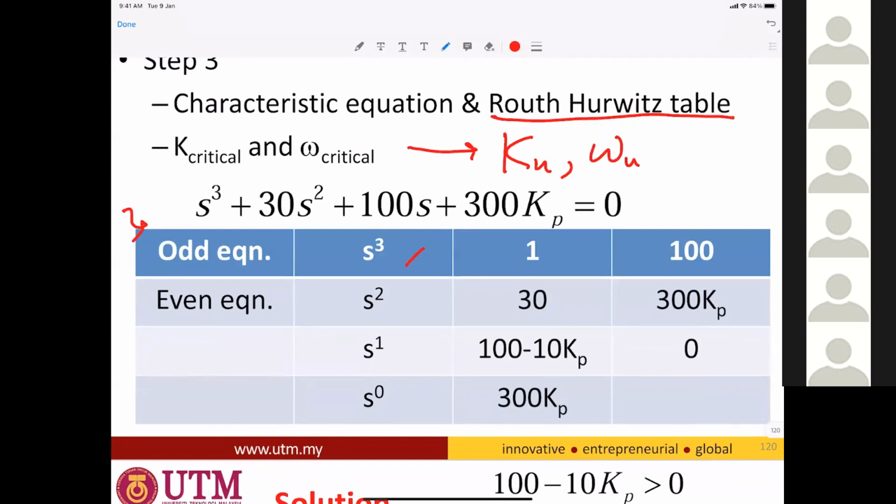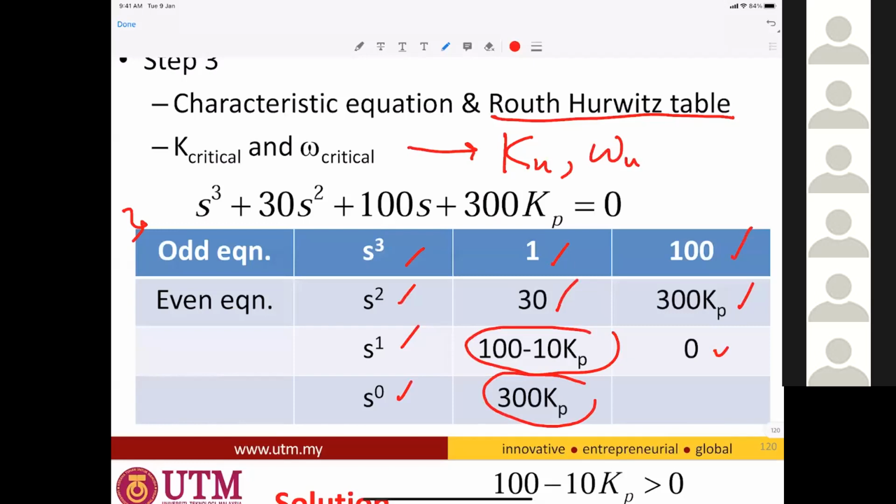So S cubed, S square, S to the 1, and S to the 0. Insert the coefficient values 1, 30, 100, 300 Kp. Then you fill up this one, and this one is 0. Understand?